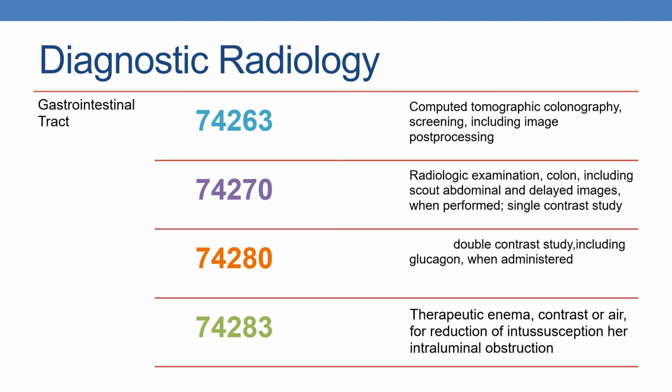The next is 74270, which is nothing but radiological examination colon, including scout abdominal and delayed images when performed, single contrast study. Whereas 74280 is double contrast study, including glucagon when administered. Next is 74283, which is nothing but therapeutic enema, contrast or air for reduction of intussusception or other intraluminal obstruction.